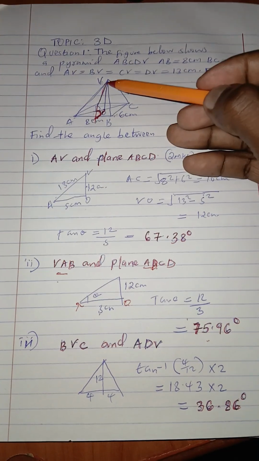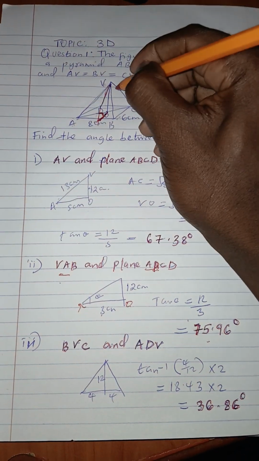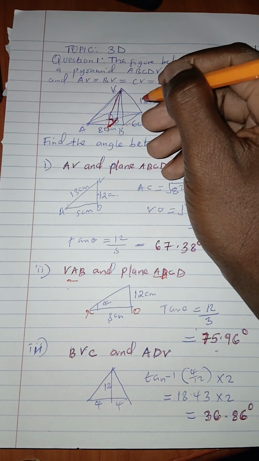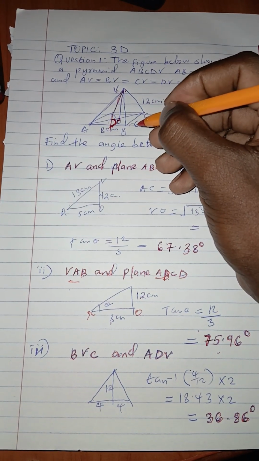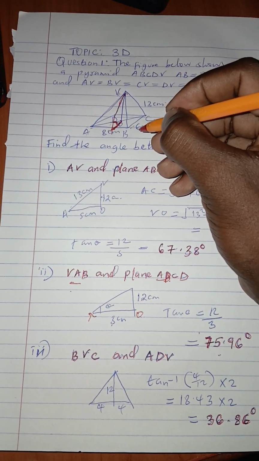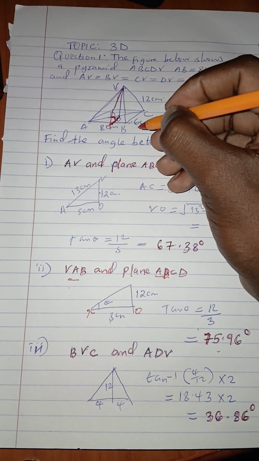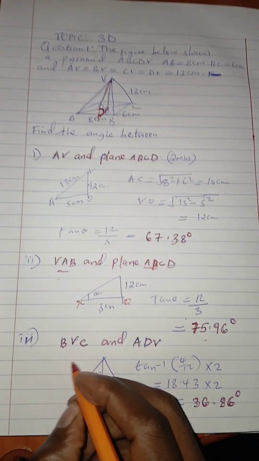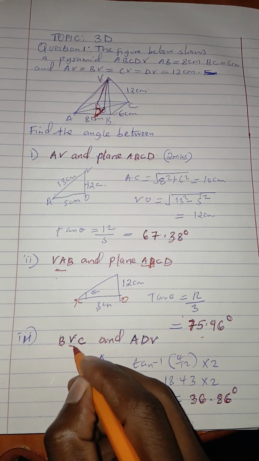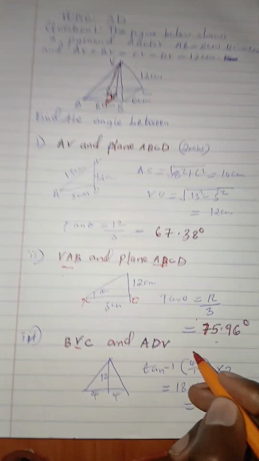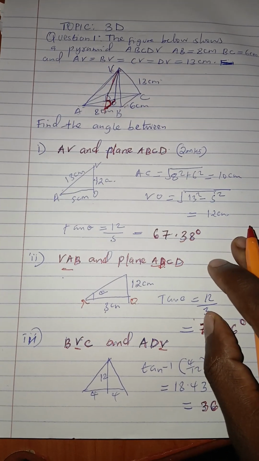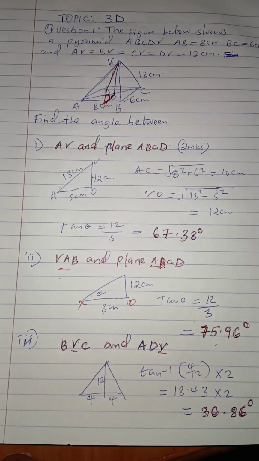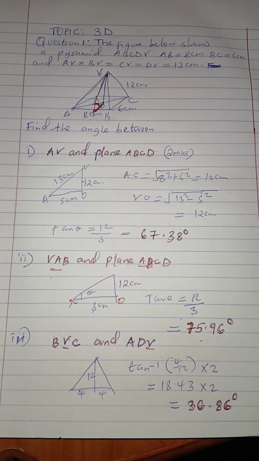Now BVC again is a plane, this plane, and ADV is the back plane. So again, angle between two planes, I bisect the two planes, and the angle is found at the line of intersection. You can see the common point between BVC and ADV is V. V is common, so the angle will be found there at V. But before that, as I've said, you bisect each plane.